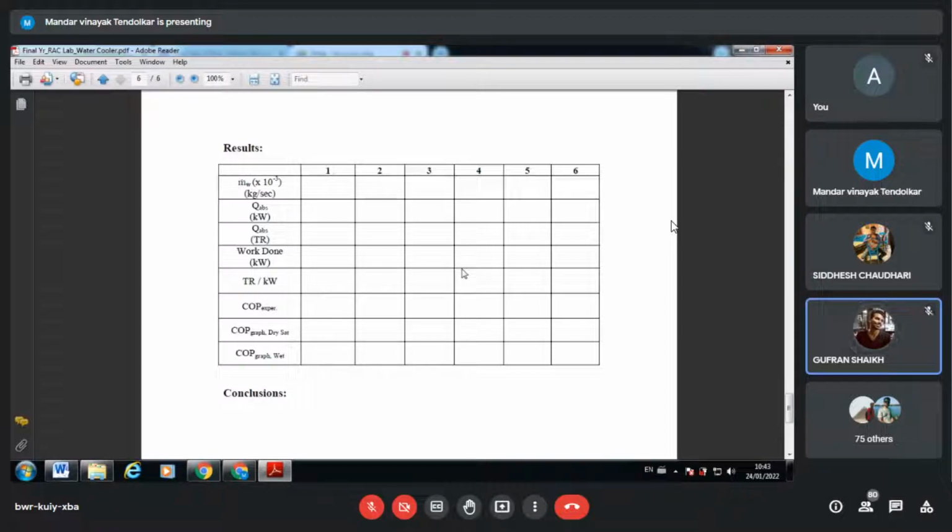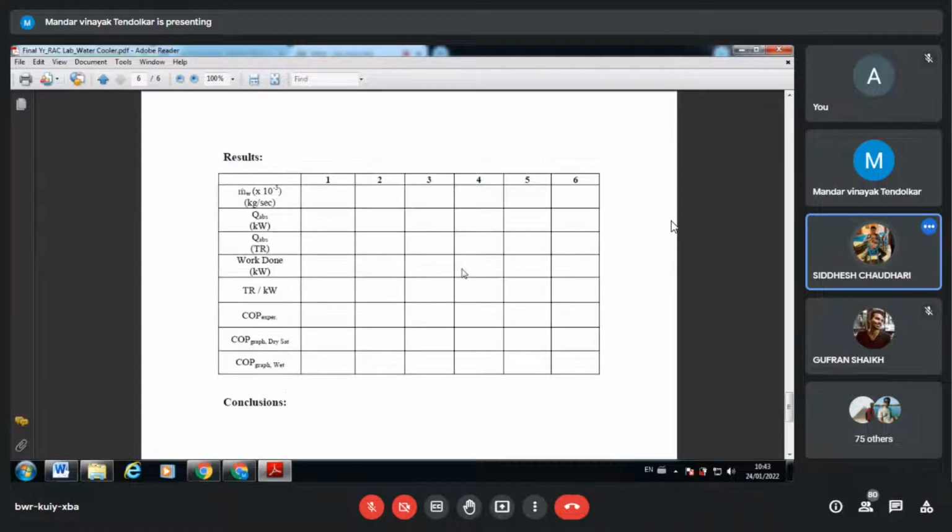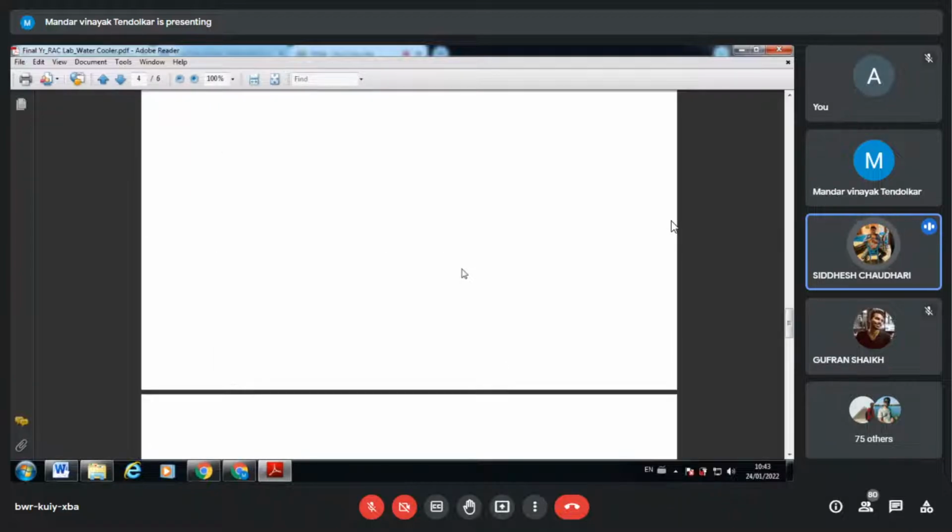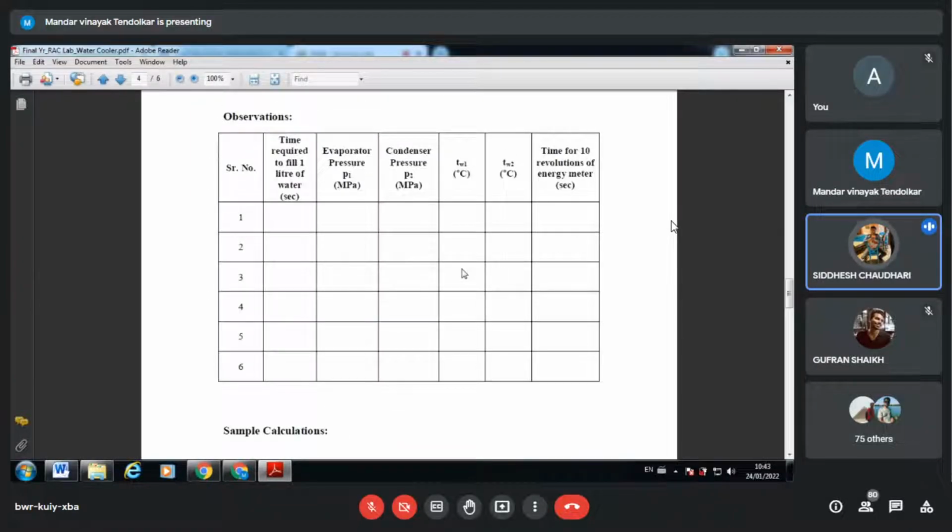Any doubt to anyone in theory, whatever I just explained? Sir, can you explain the table above, the one which took the values of TW1 and TW2 and pressure? Why are we taking those pressure values?